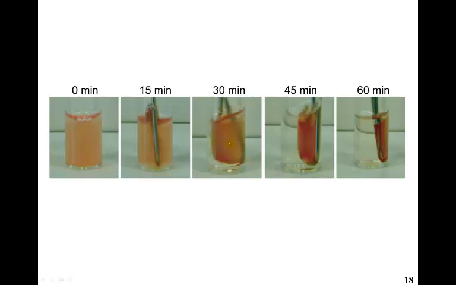So you get clotting, and this is the clot. But what you find is that after that clot is initially formed, the clot contracts, or what we call clot retraction.